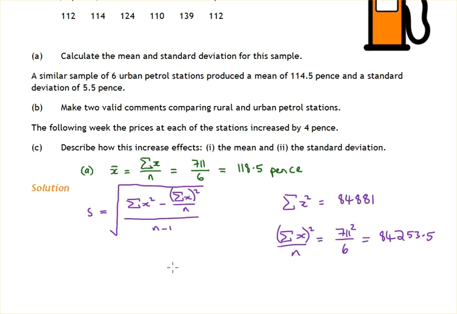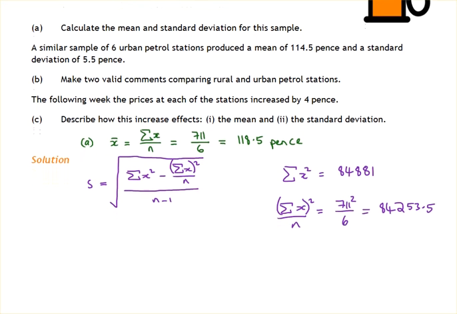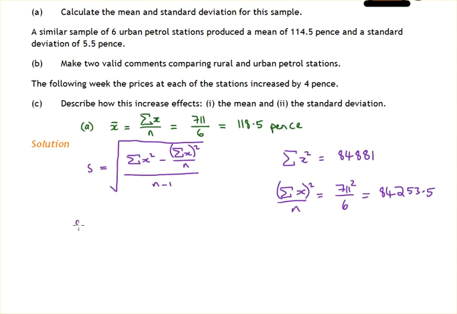And then we can go back to the main formula and substitute these numbers in. So our standard deviation now is going to be equal to sigma x squared, which is 84,881, minus this thing, so sigma x all squared over n, so that's 84,253.5, all divided by n minus 1, which would be 5, all under the radical.